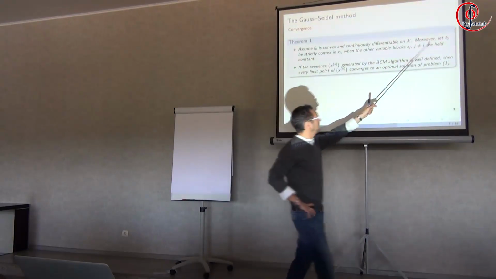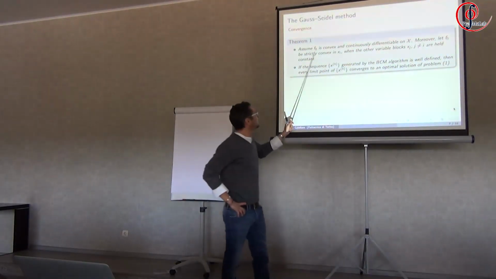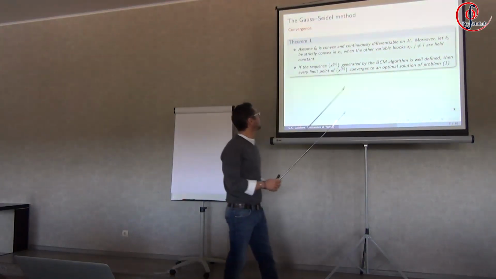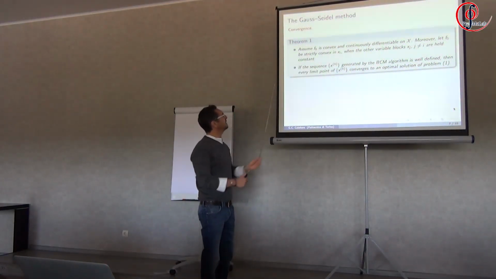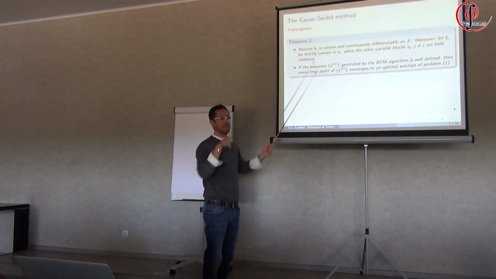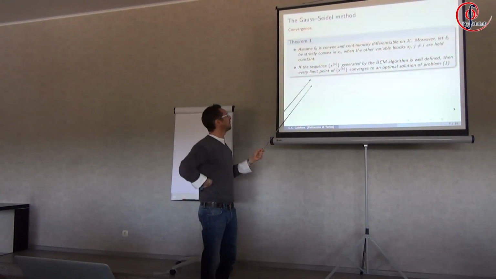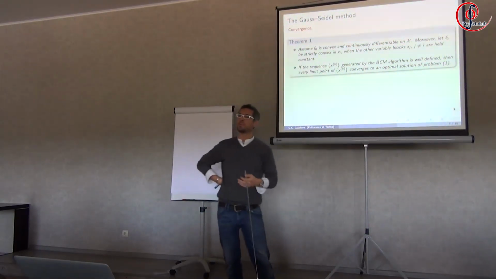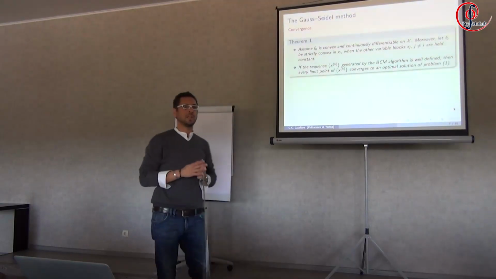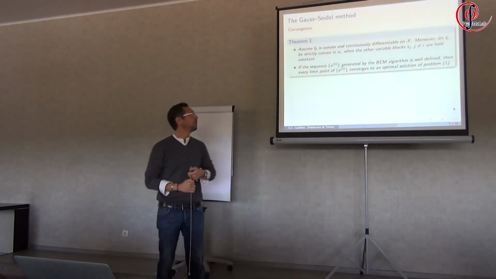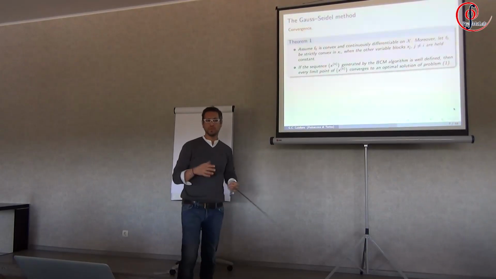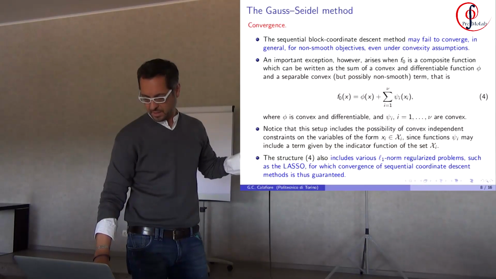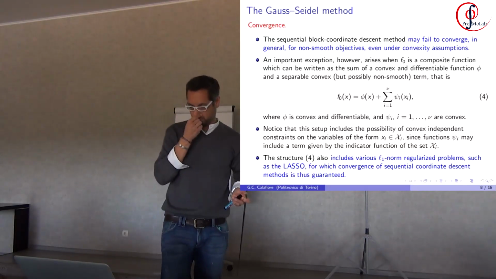Actually, if I require that f0 is strictly convex in one variable when the other variables are fixed, then the sequence generated by this serial method of coordinate minimization converges to an optimal point of the problem. So at least what we can say is there is some form of convergence of the solution in the case of a convexity hypothesis on f0.